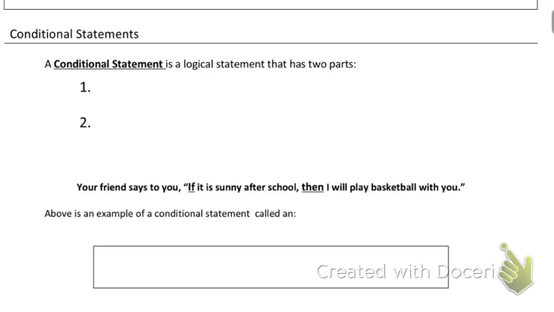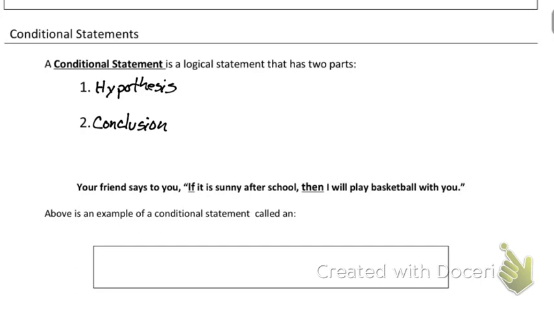It's going to have a hypothesis, and it's going to have a conclusion. Our hypothesis is if this happens, and our conclusion is then something happens after that.